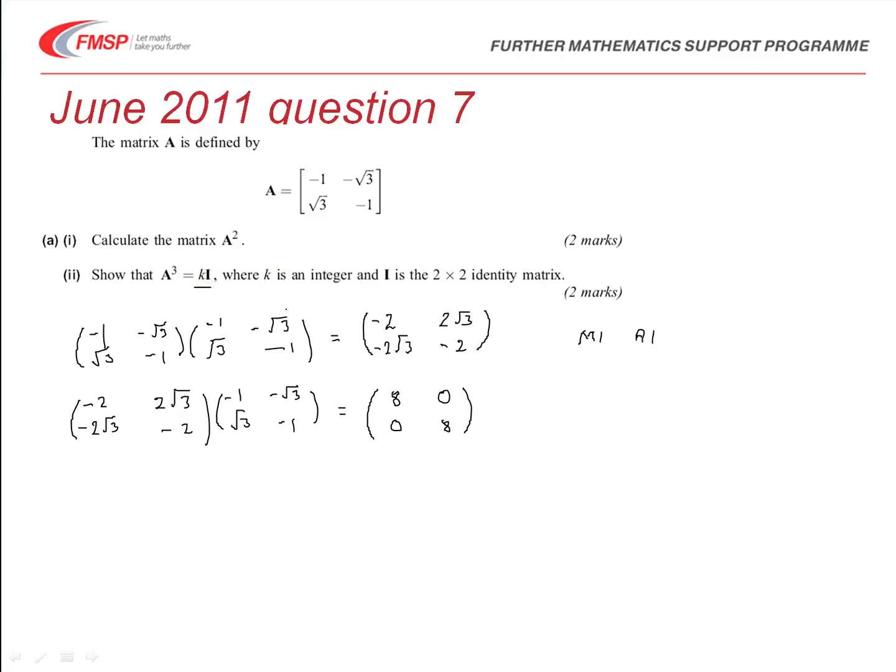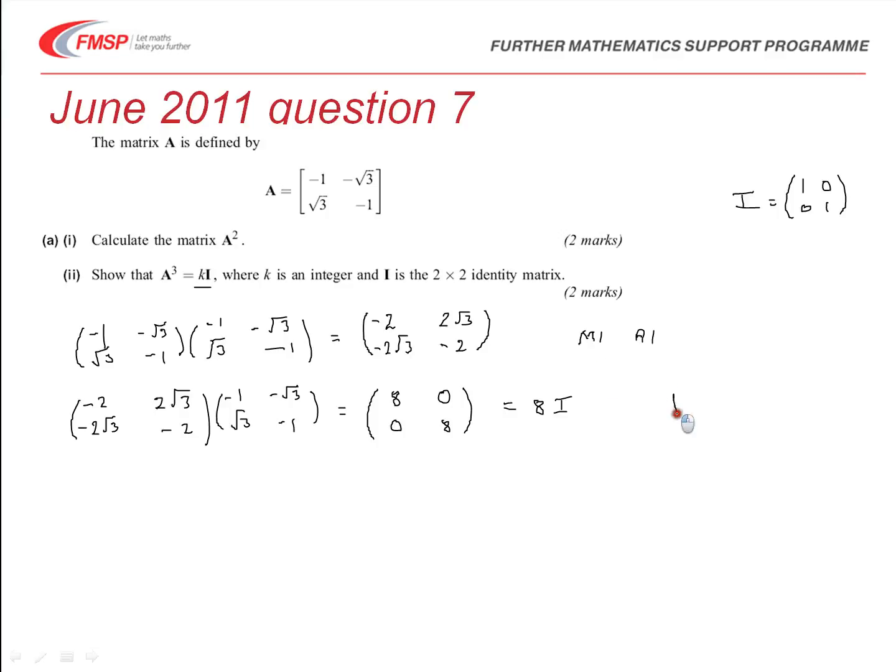as a multiple of I, so we can see that this is just 8 lots of the identity matrix, and remembering that the identity matrix for 2 by 2 matrices is 1 0 0 1. That's the matrix that you multiply by and will have no effect on any other matrix that's 2 by 2. That's your identity for multiplication.